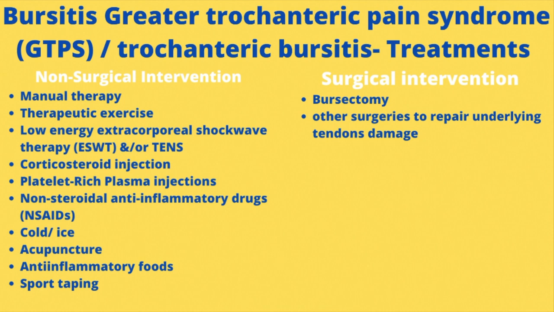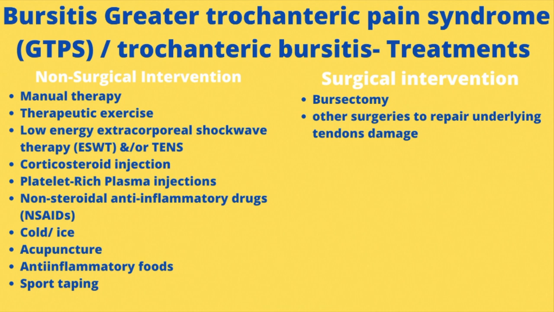Non-surgical options are manual therapy, therapeutic exercises, low energy extracorporeal shockwave therapy, or even a TENS machine, medication such as non-steroidal anti-inflammatory drugs, painkillers, corticosteroid injection, or even a platelet-rich plasma injection. Ice and cold also work very well, as do acupuncture, anti-inflammatory foods, as well as sports taping.